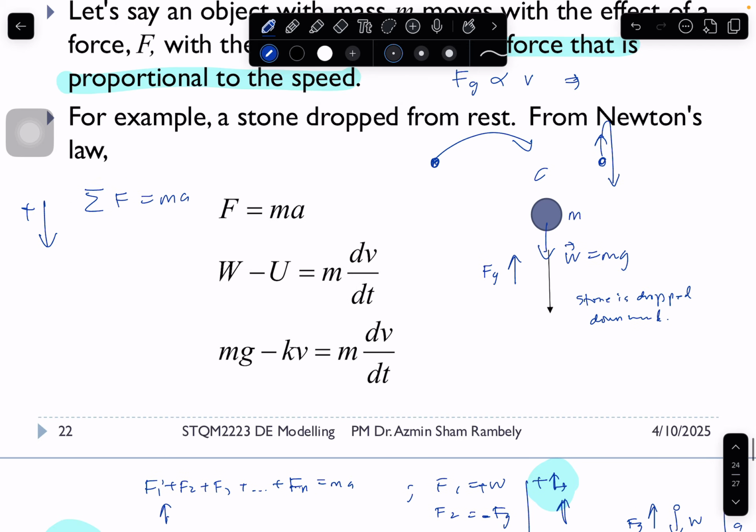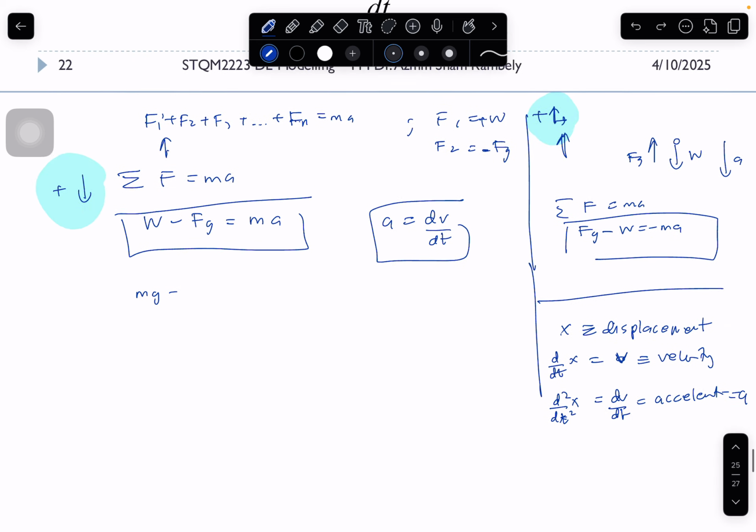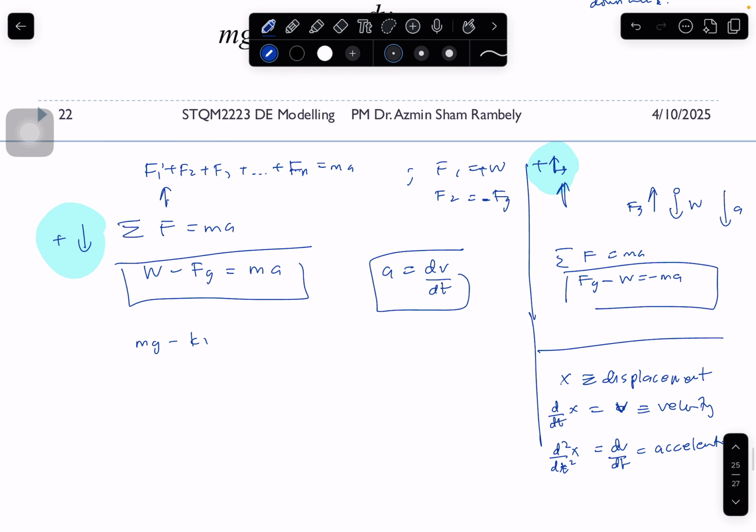So change it into mathematical form. We have kv. Fg equals to kv. So mg minus kv is equals to m times A. What is A? dv/dt.